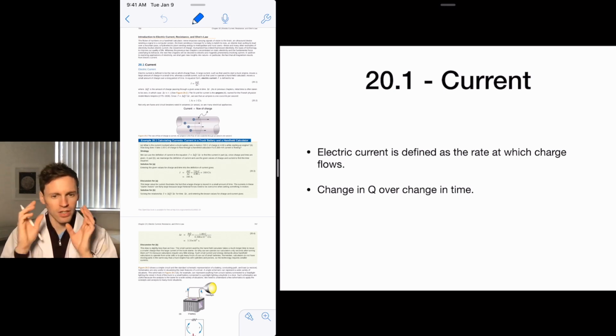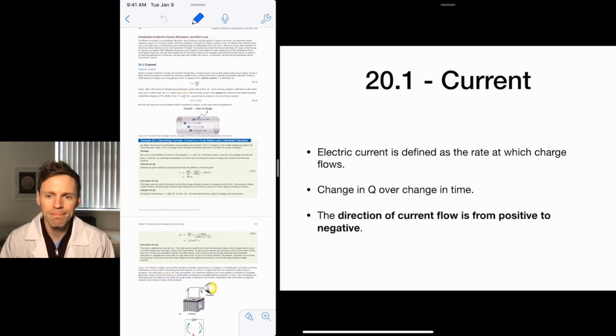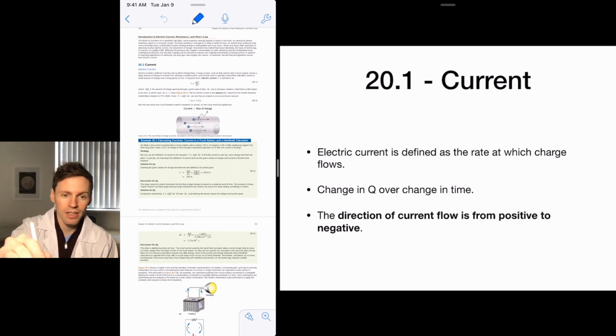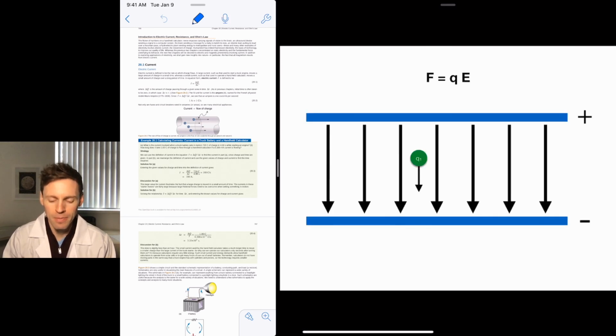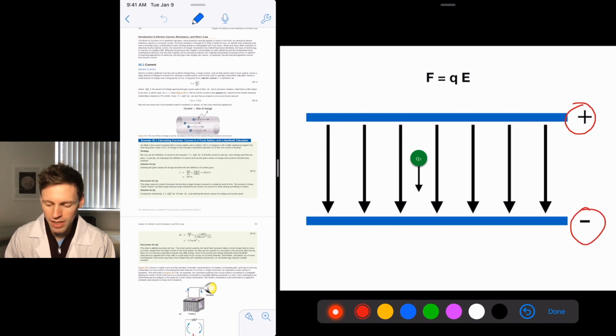If you can push a ton of charge over a short time, that's a high current. The direction of current flow is always from the positive to the negative. It's in the same direction as when we draw electric field lines, from plus to minus. If you recall a parallel plate capacitor, we've got a positive potential and a negative potential.